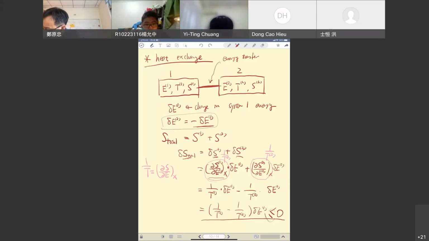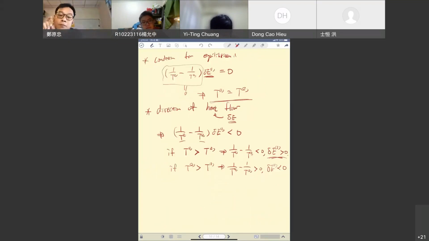So this is when away from equilibrium. But now we are actually talking about from a non-equilibrium state. So T1 not equals to T2. Okay, so we must be careful here.